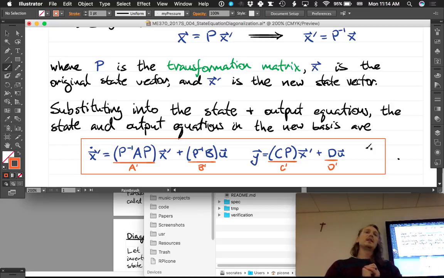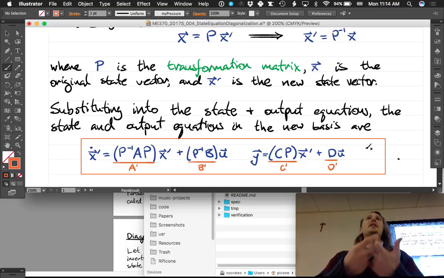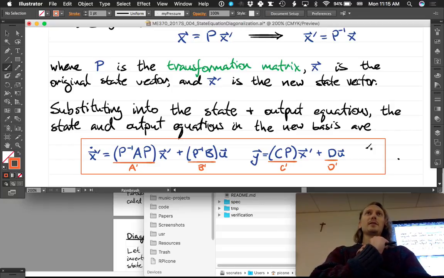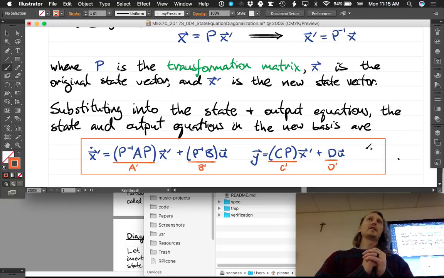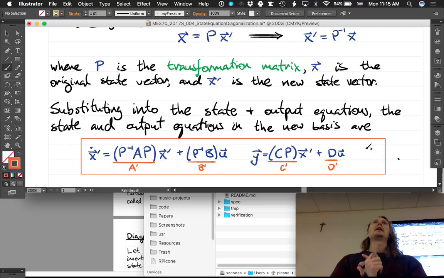So this is a different representation. So for instance, if we started out and the two state variables were, say, the velocity of a mass and the force in a spring. So say it was like a spring mass damper system, and the velocity of a mass was one of the state variables, and then the force in the spring was another one.